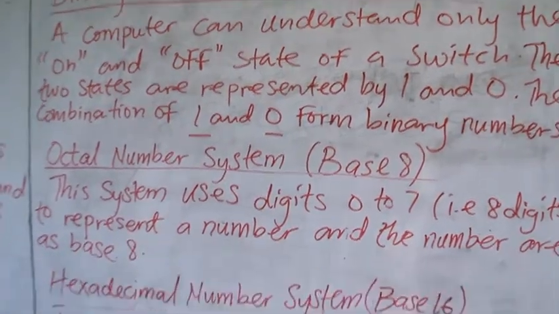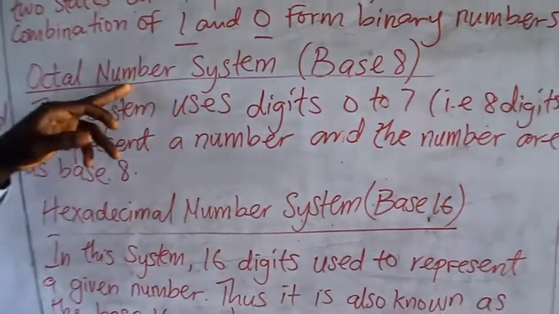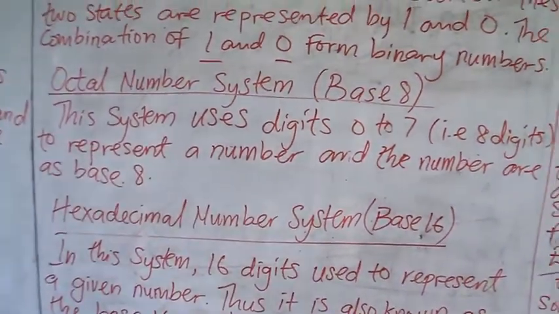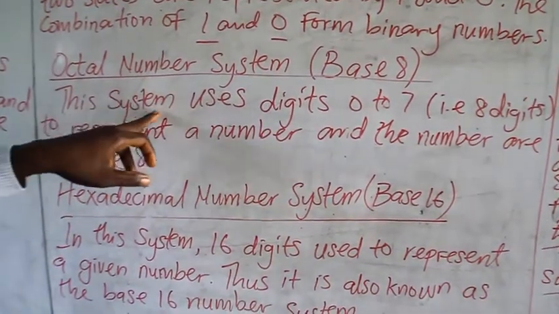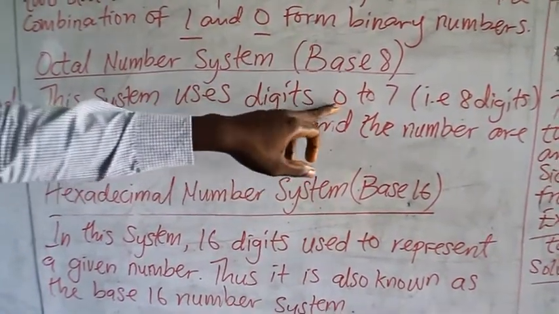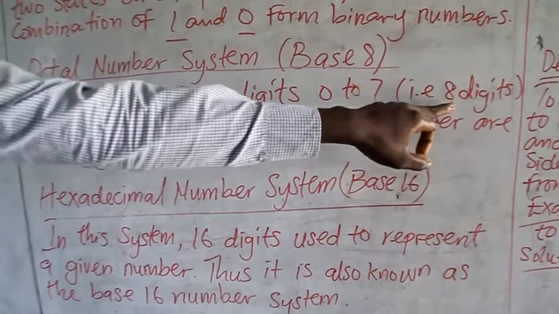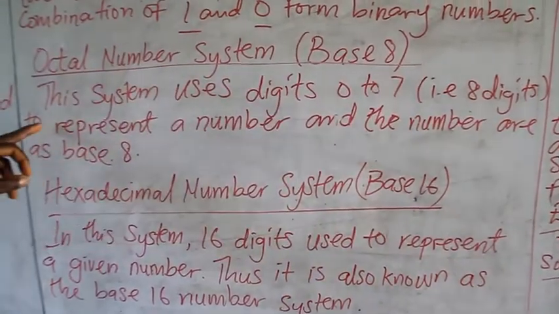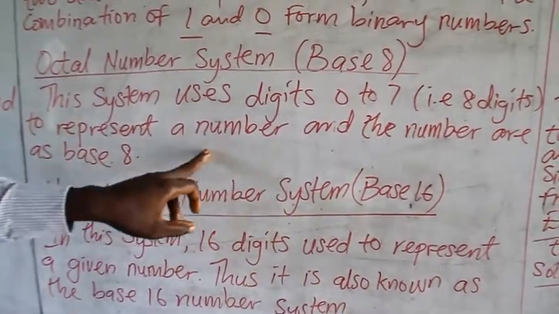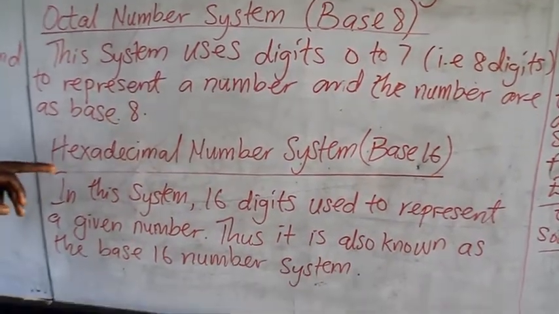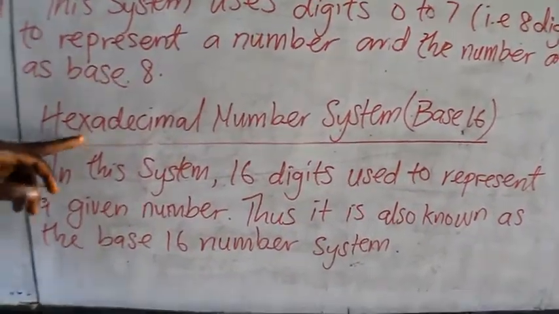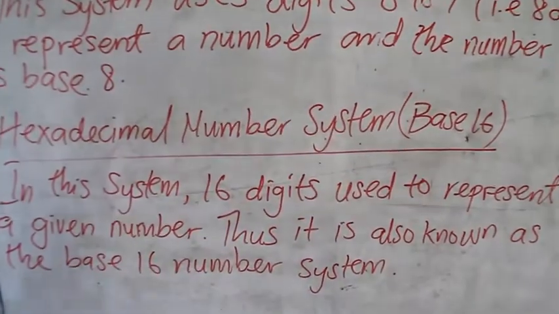Now the third one we are going to look at is the octal number system. The octal number system is in base 8, and this system uses digits from 0 to 7, that is 8 digits. Then the fourth one is the hexadecimal number system, which is in base 16.